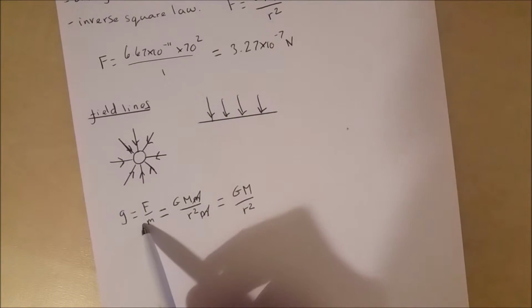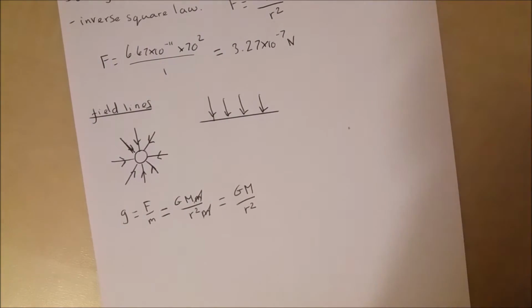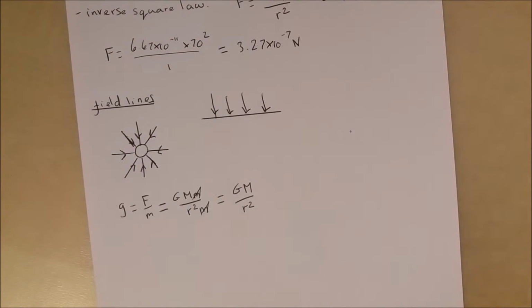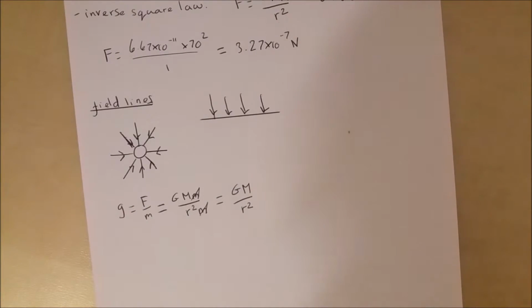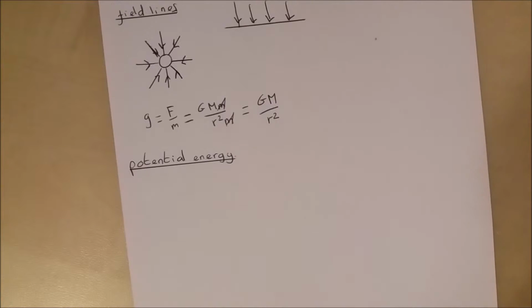And because this can be arranged into the form F equals ma, Newton's second law, it means that gravity is an acceleration.